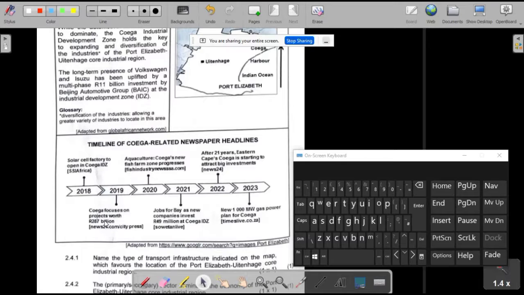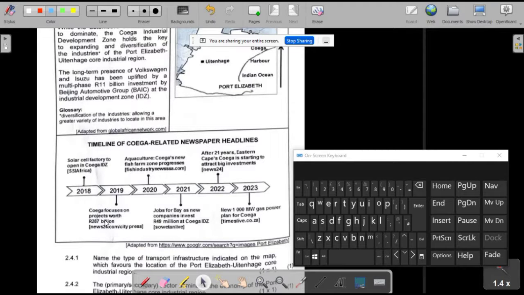Okay, so that is what happens in 2019. And in 2020: aquaculture, Coega's new fish farm zone progresses. Okay, there's a fish farm as well. In 2021: jobs for the Bay as new companies invest 49 billion. Wow. So as you can see, that's a lot of employment happening there.